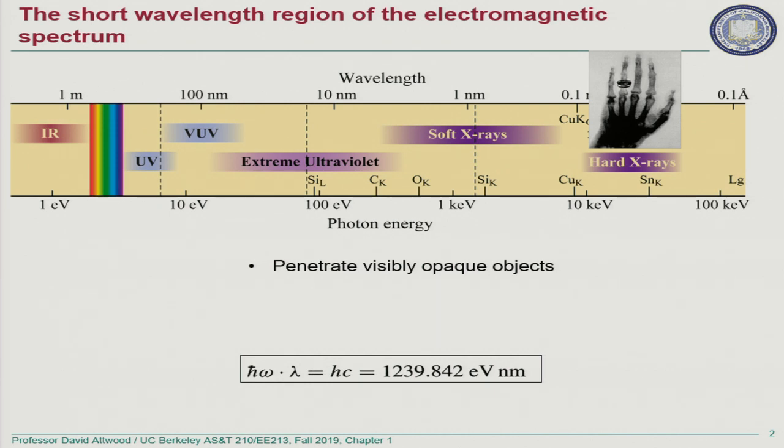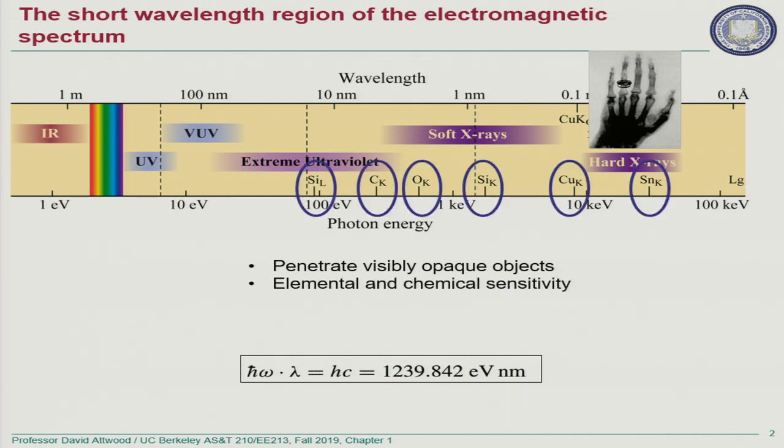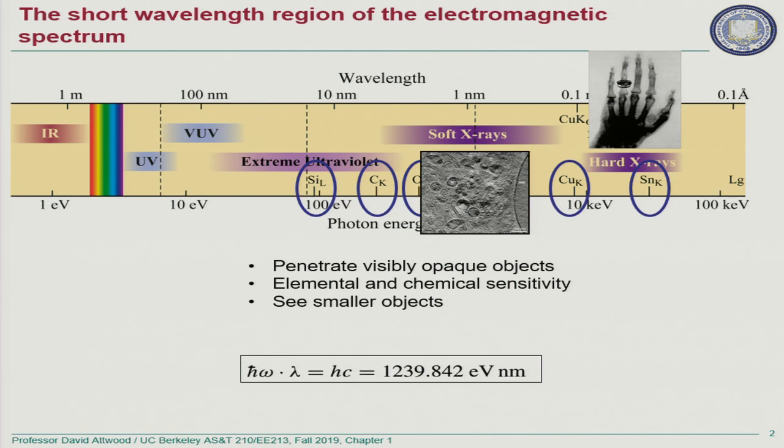So seeing through visibly opaque objects with hard X-rays, or elemental and chemical specificity by being able to distinguish the different absorption edges of different elements, being able to see smaller objects, where the absolute resolution you can attain with light, or with any wave, depends on the wavelength.